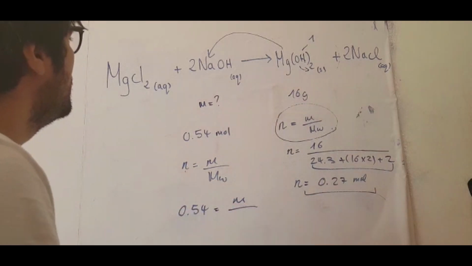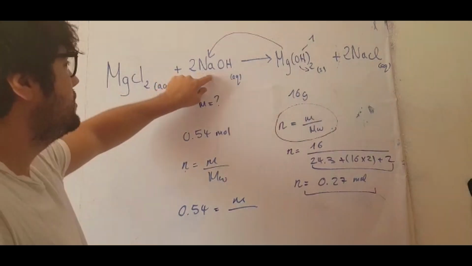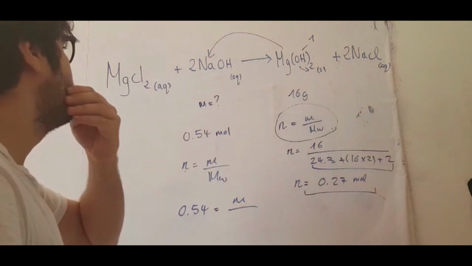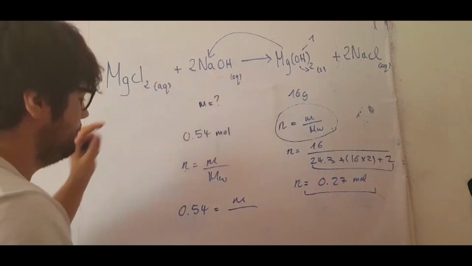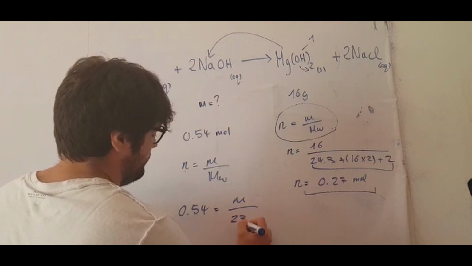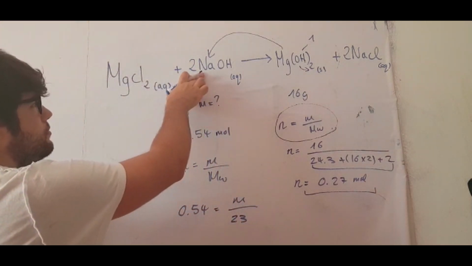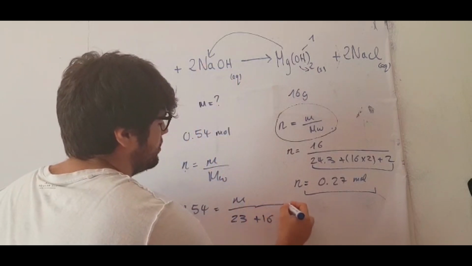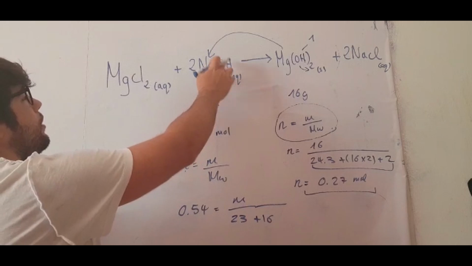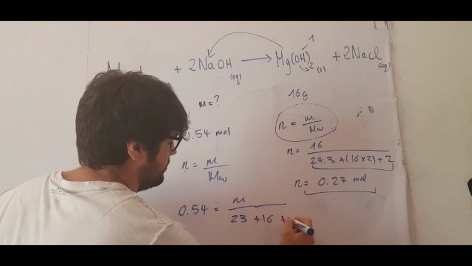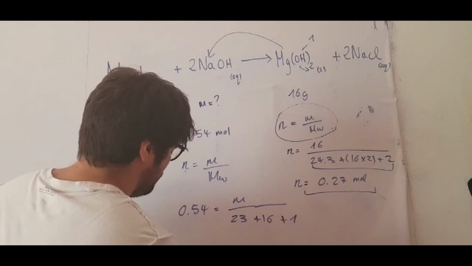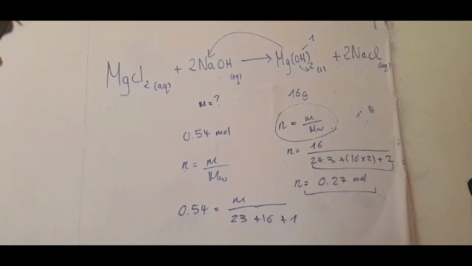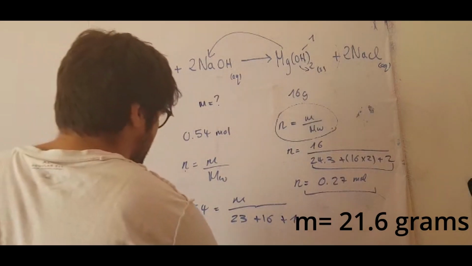We'll put it there. But we do know how to calculate the molecular weight. And this will be 23, which is the sodium weight, 16, which is the oxygen weight, and 1, which is the hydrogen. Okay? And this will give us a mass of 21.6.